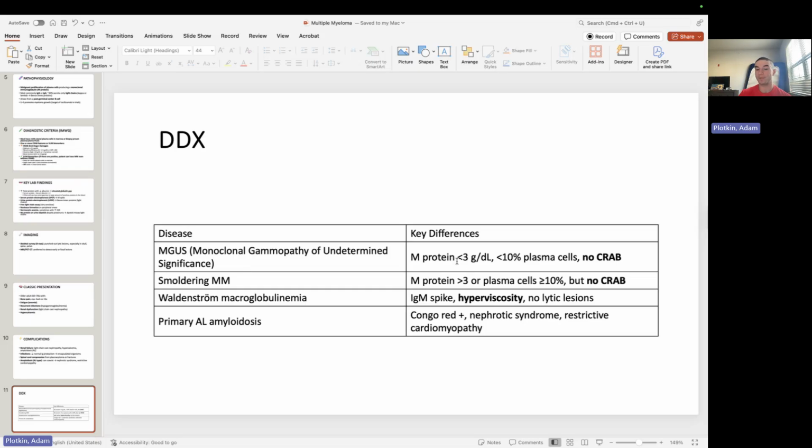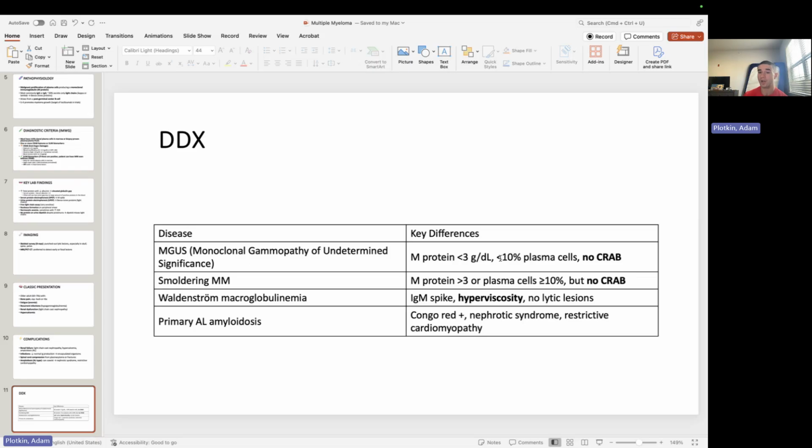That's where there is an M spike, but it's less than 3 grams per deciliter. And then there's less than 10% plasma cells if we were to do a bone marrow biopsy, and there's no CRAB symptoms or very minimal CRAB symptoms, okay? So that's called monoclonal gammopathy of undetermined significance. They're making an increased amount of these monoclonal antibodies, but not enough to actually qualify for multiple myeloma.